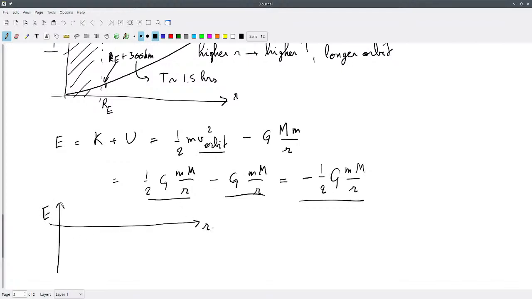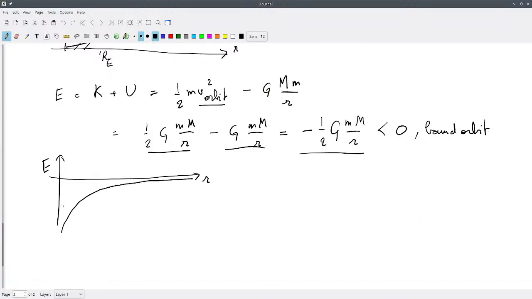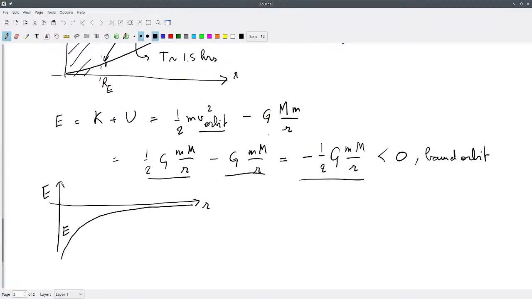So the total energy in orbit, as a function of r, is going to look like this. That's our minus 1/2 GMm over r. Notice that this is always negative, so it's a bound orbit. The total energy is half the total potential energy, so there's going to be a potential energy curve that is here.